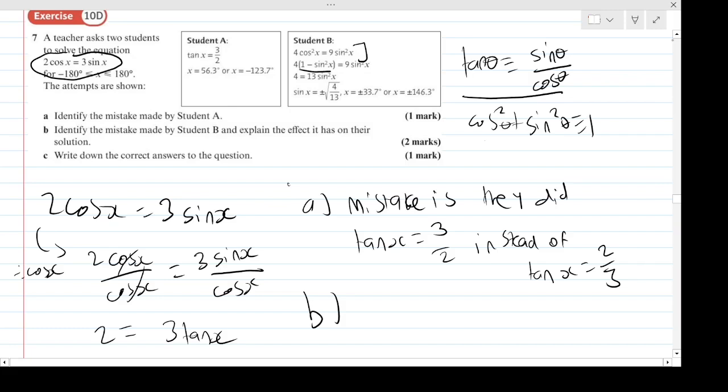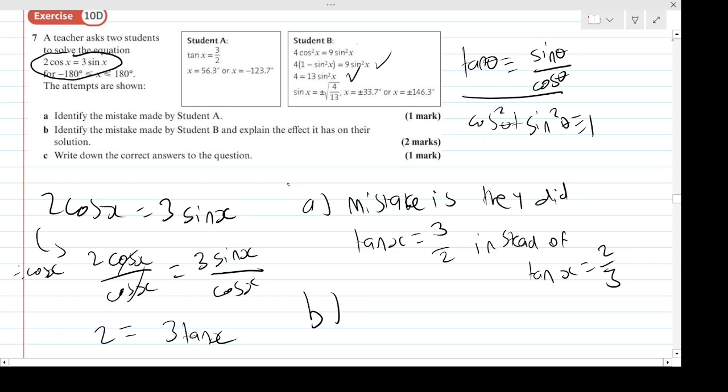And because of that, they said cos squared is 1 minus sine squared. That's fine. If you rearranged it, that's what you get. And that's equal to 9 sine squared. That's correct. Then they expanded the bracket and collected like terms. So 4 would equal 13 sine squared. Yep, that would be right.